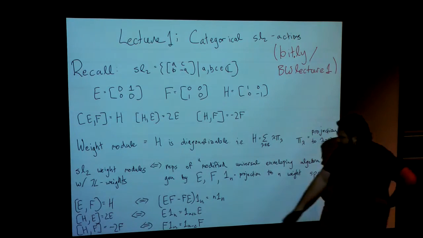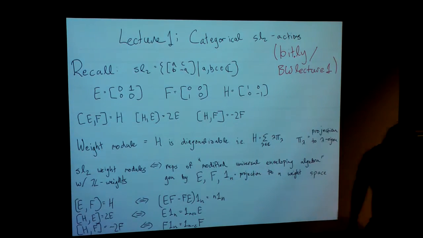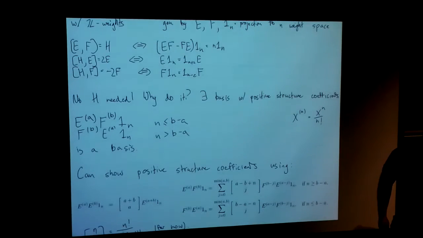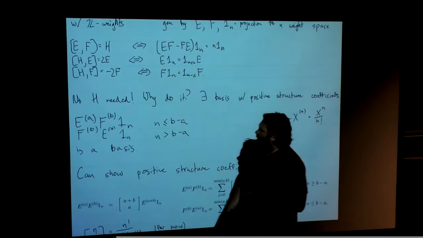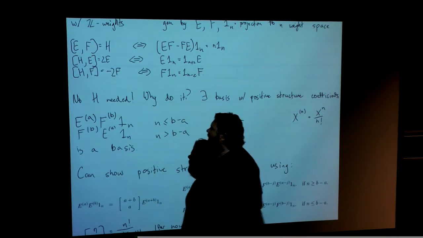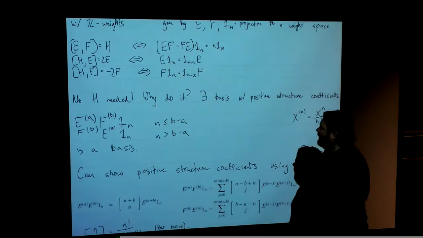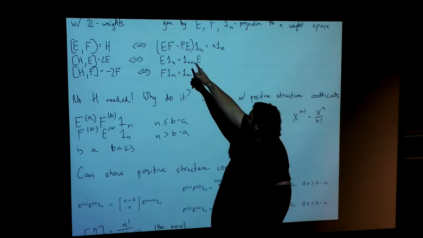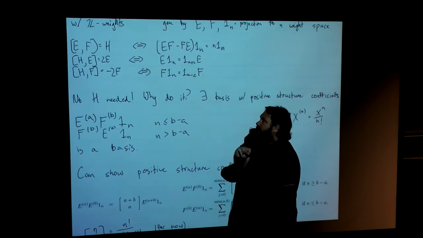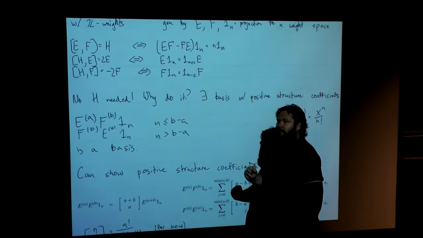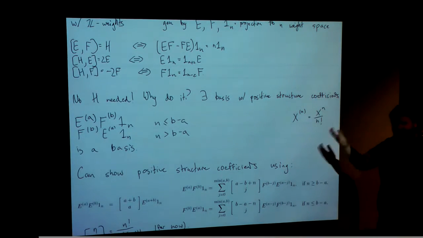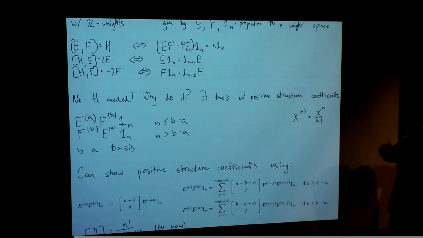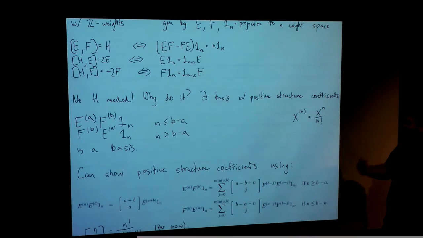So I can just take E and F with these 1 sub n, and I can rewrite the relations of SL2 in terms of these generators. Before, I said take the bracket of E and F, I get H. Well, now if I take the commutator of E and F, and I multiply that by 1 sub n, I get n times 1 sub n, since H is projection to the n eigenspace times multiplication by n.